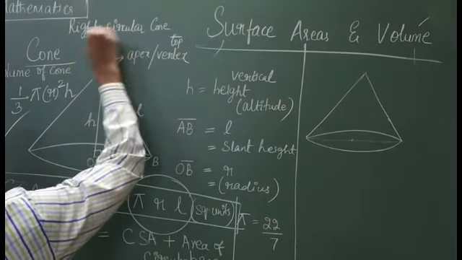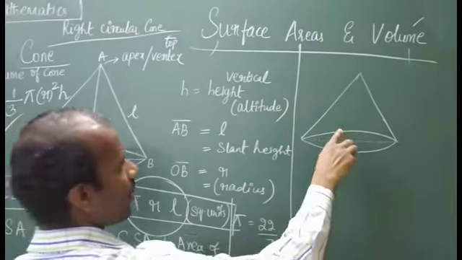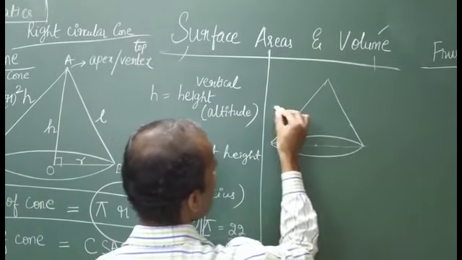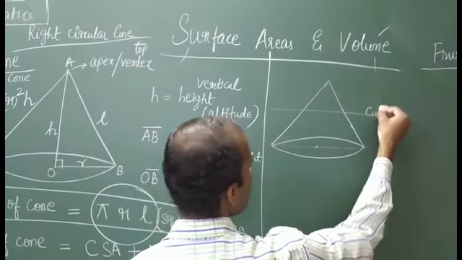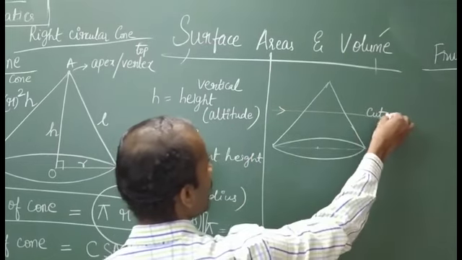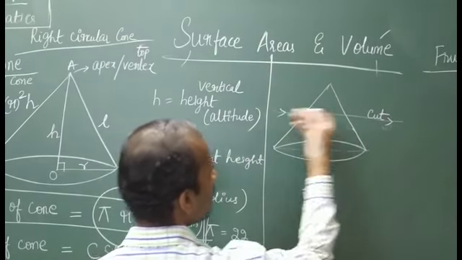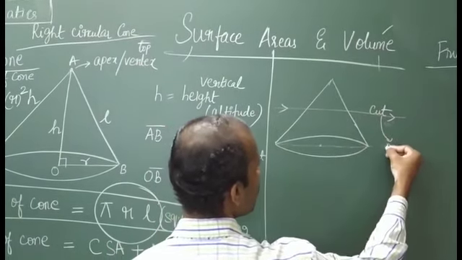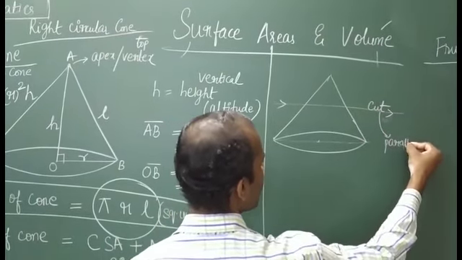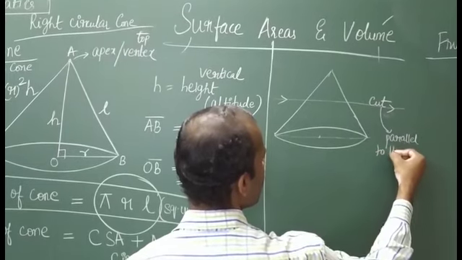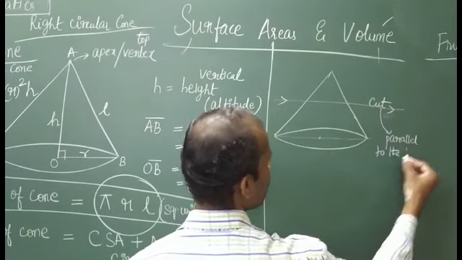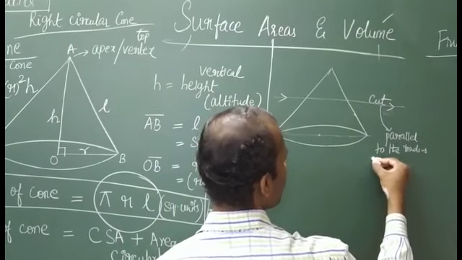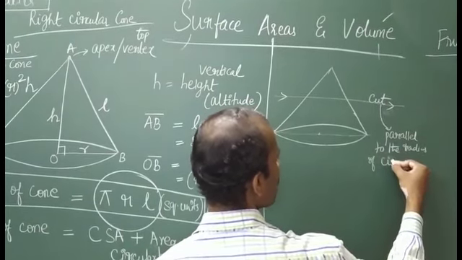So when we have a right circular cone, and if I cut this top, I am cutting it in this direction. So if I cut that part, and this line is parallel to the radius of the circular base.